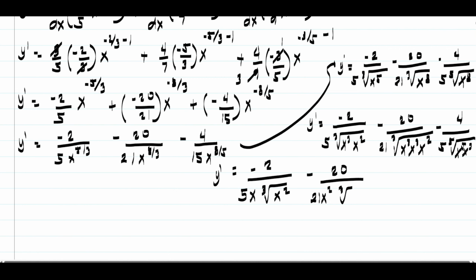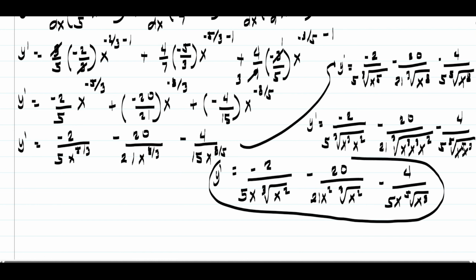So this is cube root of x squared minus 4 over 5. And since we only have x raised to 5 inside the radical, we are going to have x and then fifth root of x raised to 3. So therefore, this will be the derivative of the given function.